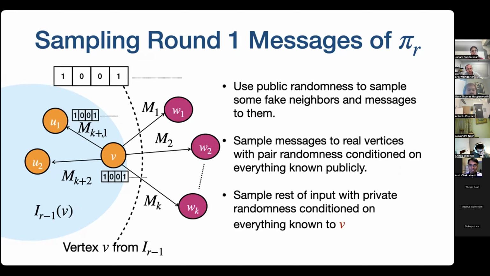So you use this extra resource of pair randomness you gave. And finally, V knows everything, all the messages that it sends, that it has sampled so far. So it looks at everything and fills up the rest of its input and all the remaining fake messages that it has to sample by itself. It's not going to use any other resource. It's going to use this private randomness. This is all I'm going to say about the sampling process.